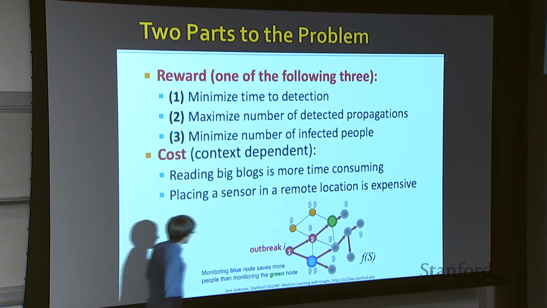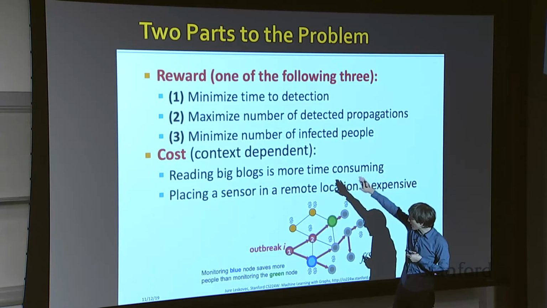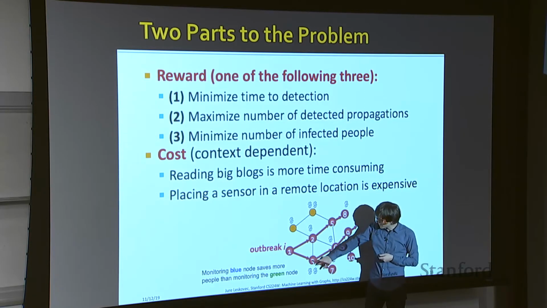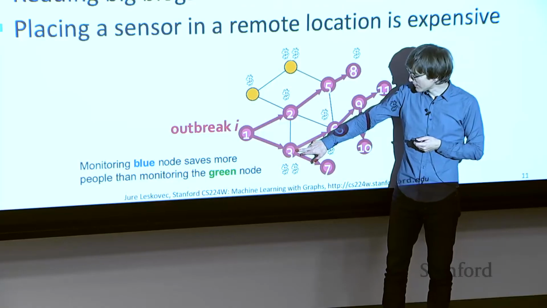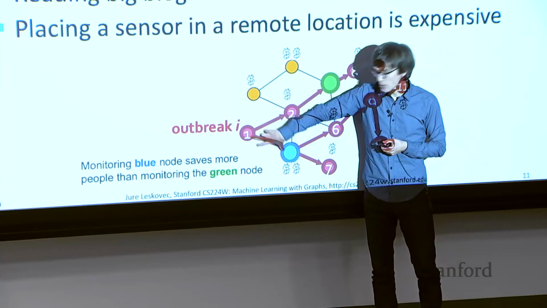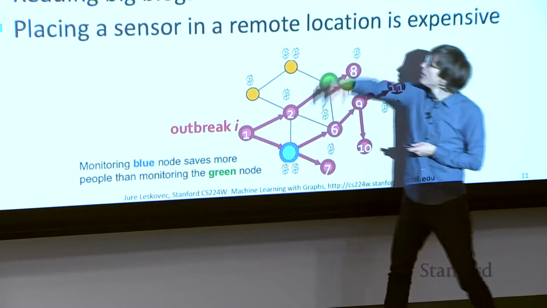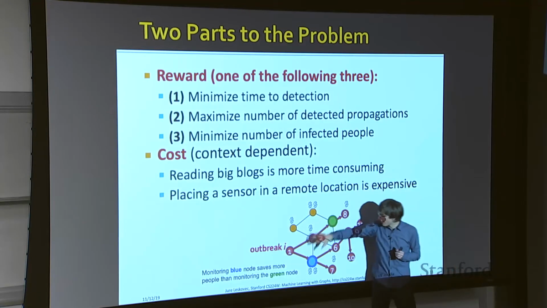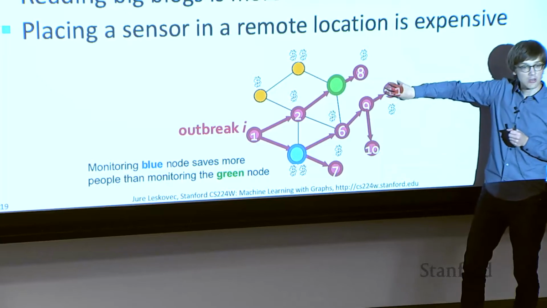To give you an idea, if I would say minimize the time to detection, then time to detection here in my case would be 2 time units, because this started at time 1 and this guy got infected at time 3. So I'm trying to detect this as quickly as possible. Then, for example, maximize the number of detected propagations. I would just say, I detected this propagation, whether I detect it here or here, it doesn't matter.